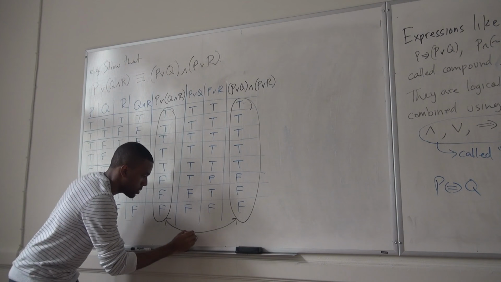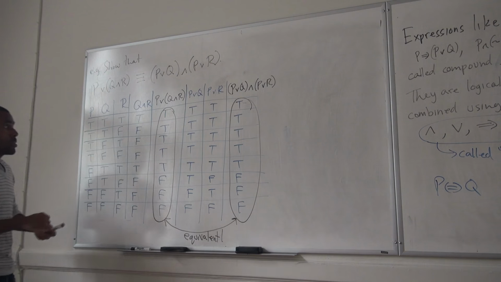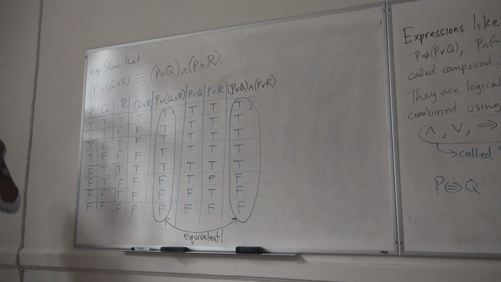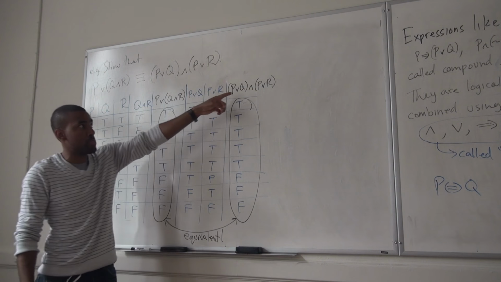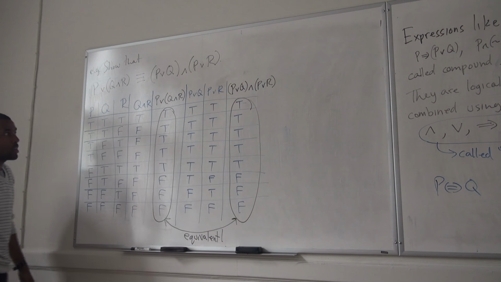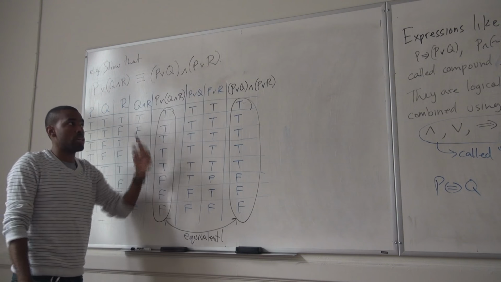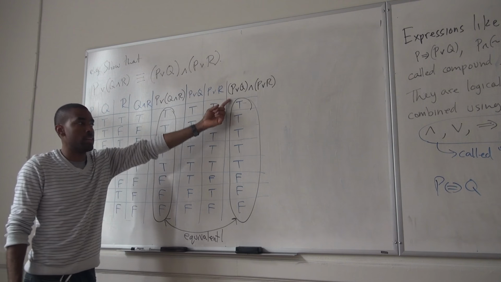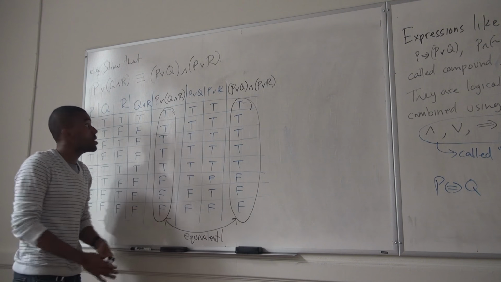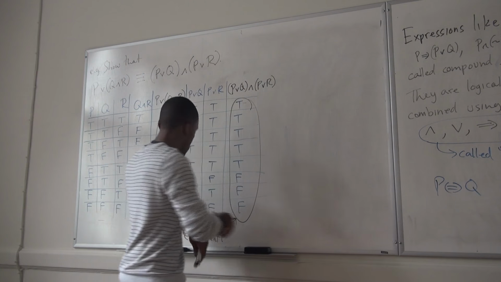These are equivalent. In other words, from a logical standpoint, making this statement with these three statements is exactly the same as making that statement with the three statements. Depending on the situation, it might be easier to prove one as opposed to the other. So if proving this is difficult, you could rephrase it as that and prove that, or vice versa. They are actually the same thing.